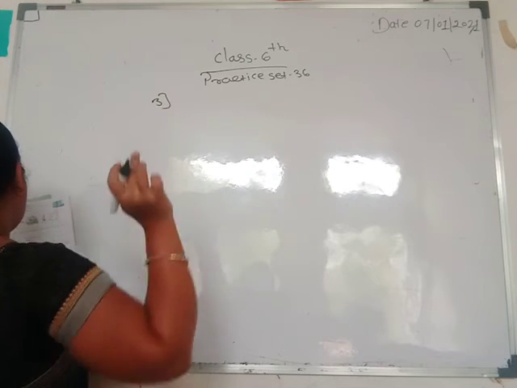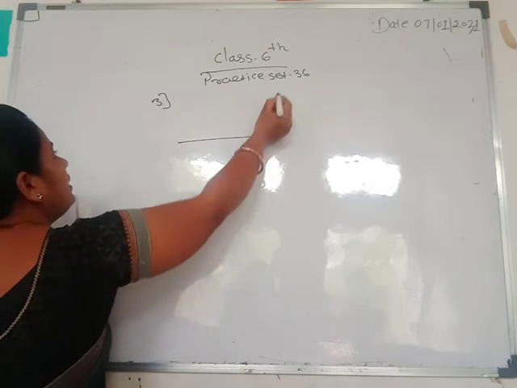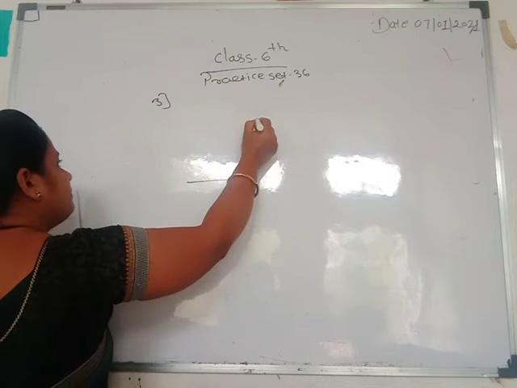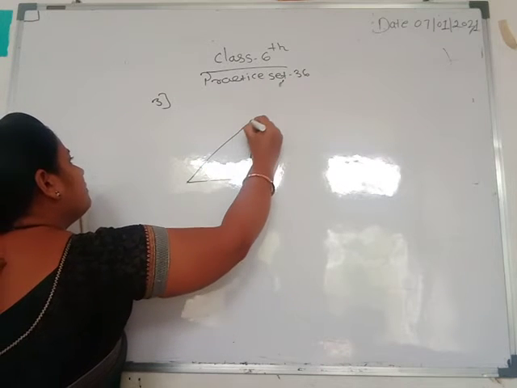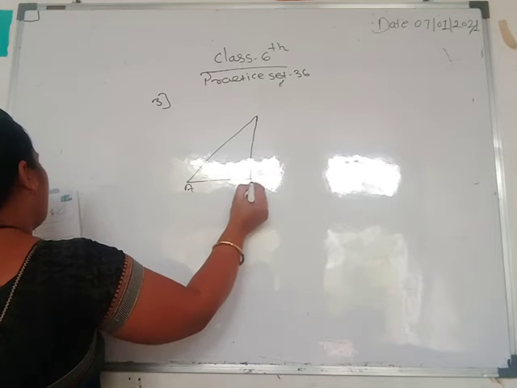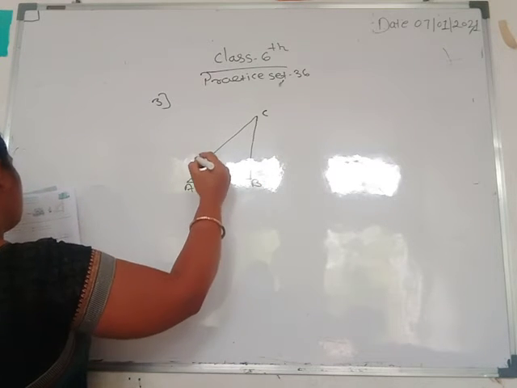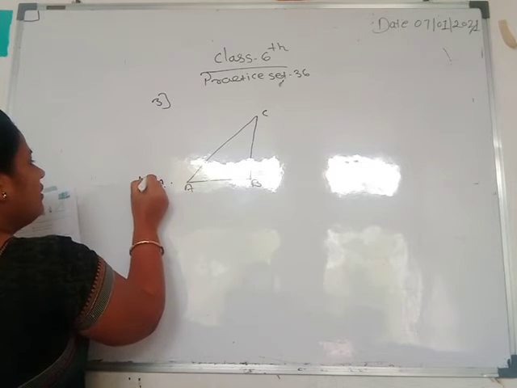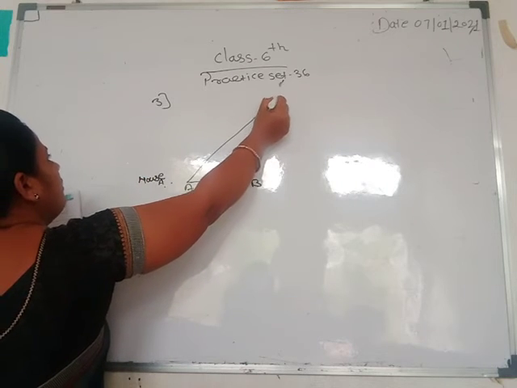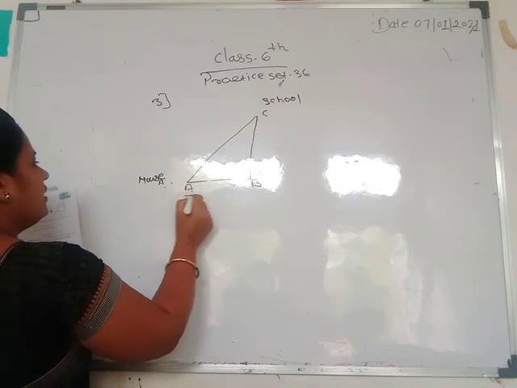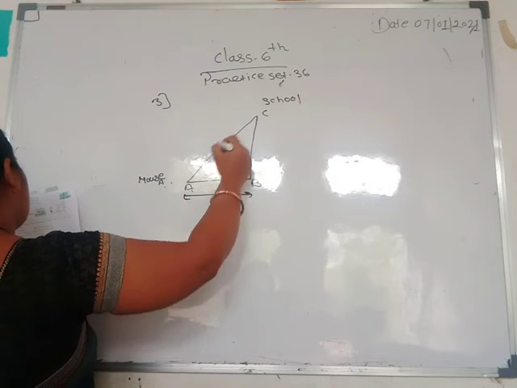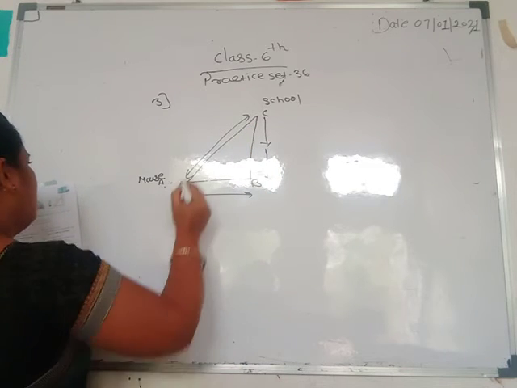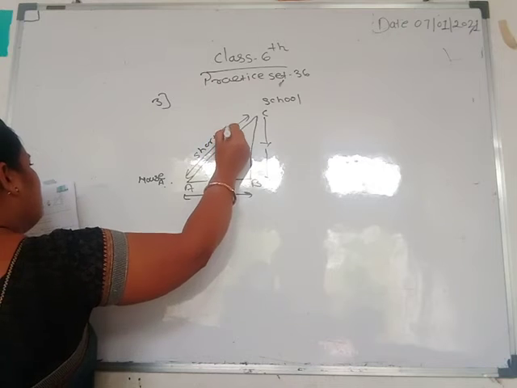As shown in the figure, Avinash is standing here. Here A, B, C, and Avinash is standing here, here the house and here the school. See this distance and this distance. Which is shorter? Why?